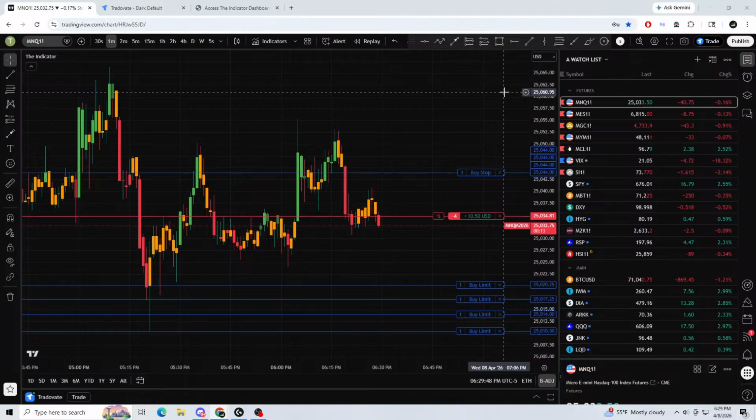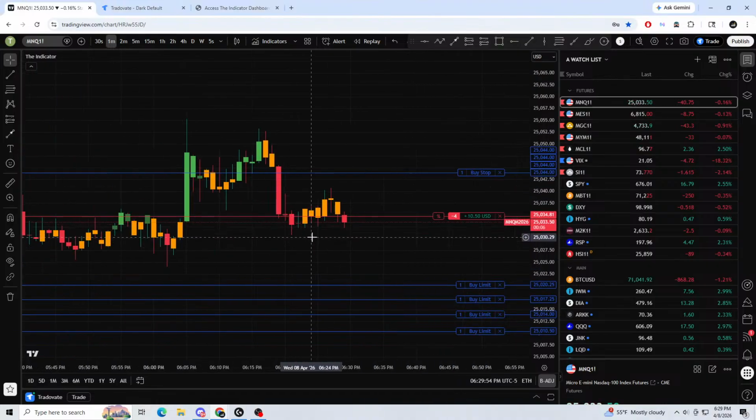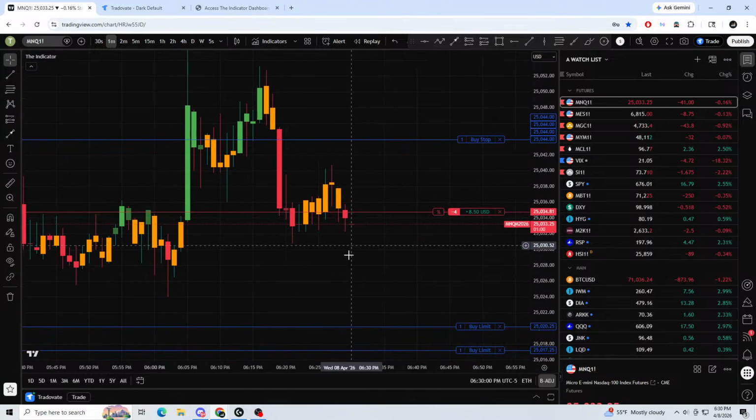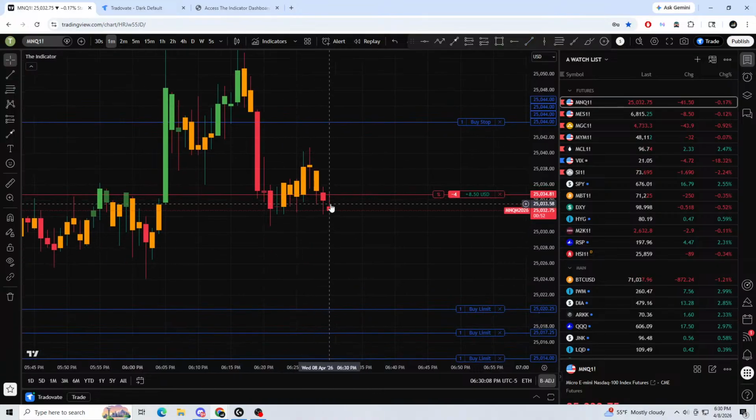This might be the move down. We've consolidated for, I don't know, 1, 2, 3, 4, 5, 6 minutes. Is that enough for us to flag down or something? You can do a little flag in your mind, but it doesn't really matter what you do.